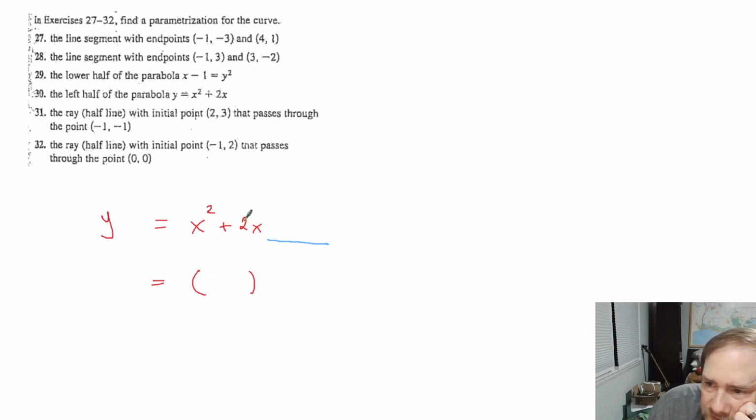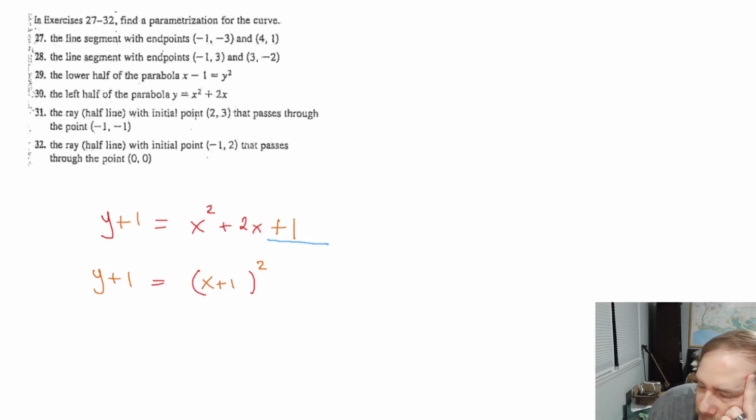And we said you take this 2, you chop it in half, and you square it. So half of 2 is 1, 1 squared is 1. So if I added 1, then this thing would now be the perfect square, x plus 1 all squared. But if you want to add 1 to the right, of course you have to add 1 to the left. So now you have y plus 1.